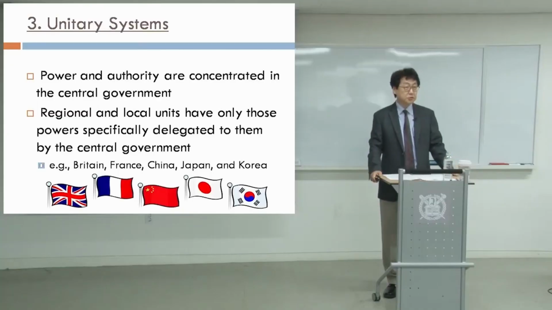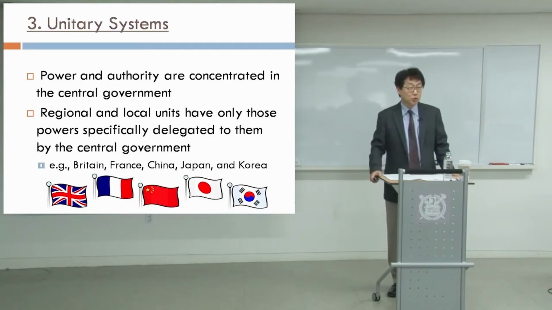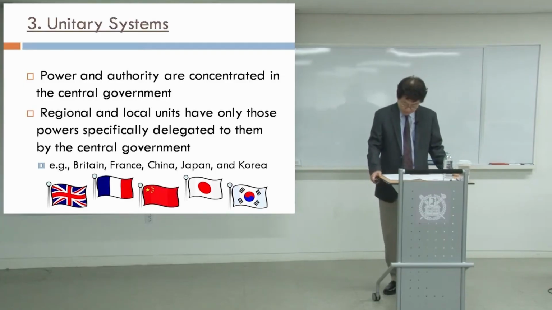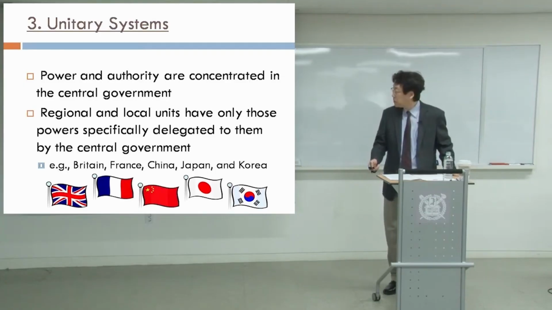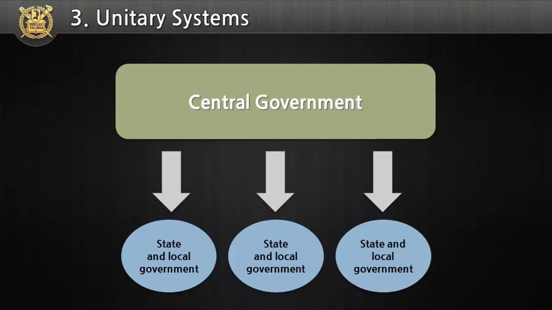And maybe that's the reason why so many people want to be the president, right? Now, this figure portrays the relationship between the central government and the local governments, with power and resources flowing down from the central government to the local.